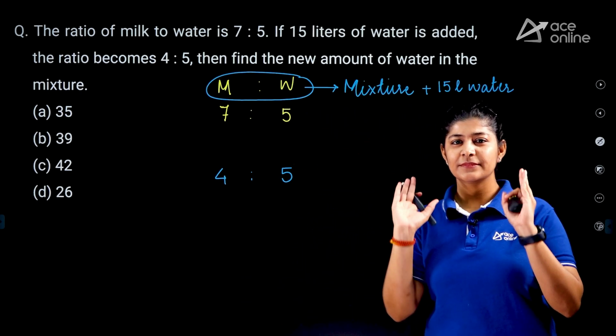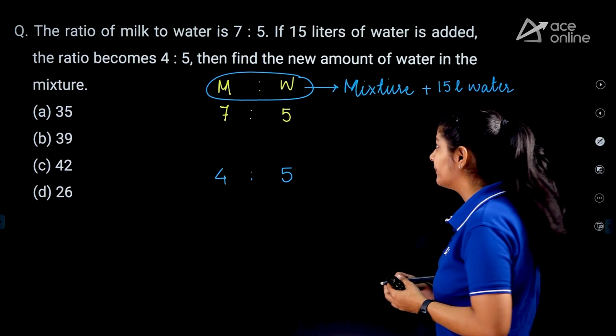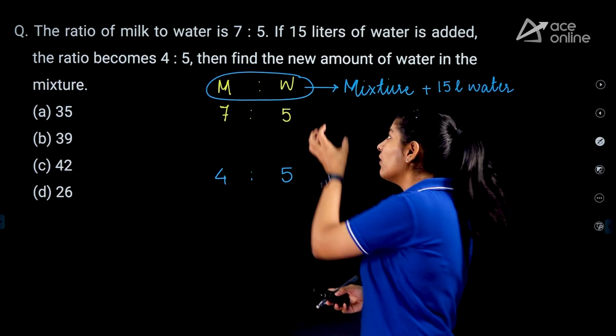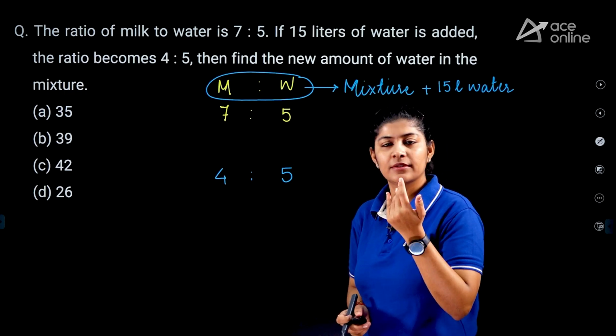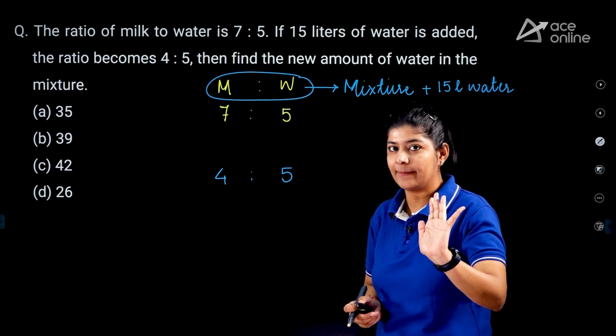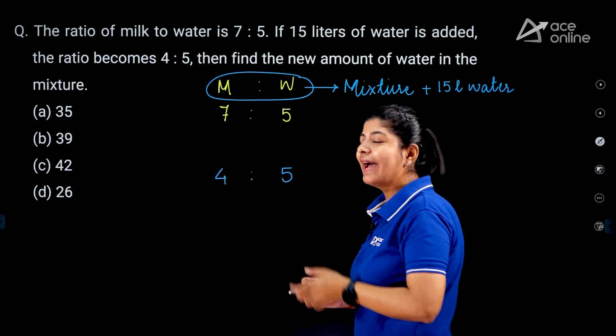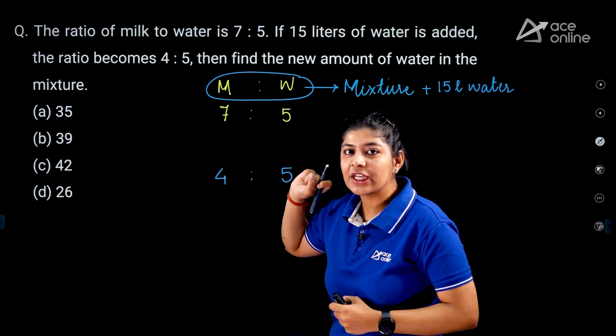Just try to understand what we are doing here. We are just adding water, so the quantity of water will increase, that is understandable. But we didn't mix the milk, so why is the quantity of milk changing in our ratio?